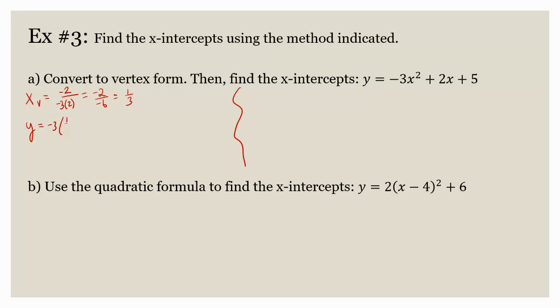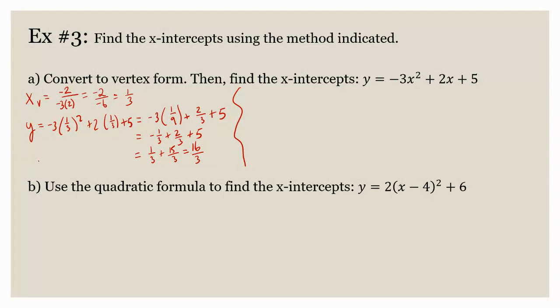So negative 3 times 1/3 squared plus 2 times 1/3 plus 5. I don't love working with fractions, but it's fine. Negative 3 times 1/9 plus 2/3 plus 5. That's going to give me negative 1/3 plus 2/3 plus 5. Negative 1/3 plus 2/3 is 1/3, plus 15/3. So I've got 16/3 there.